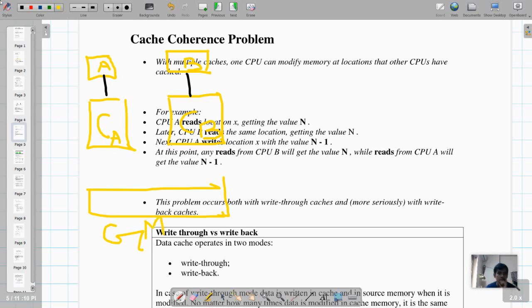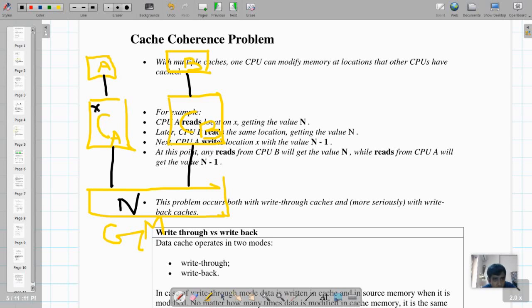Now what happens? Say processor A requires some data X, which is now N, from the global memory space. Now here we will have a compulsory miss because the item is not in the cache.